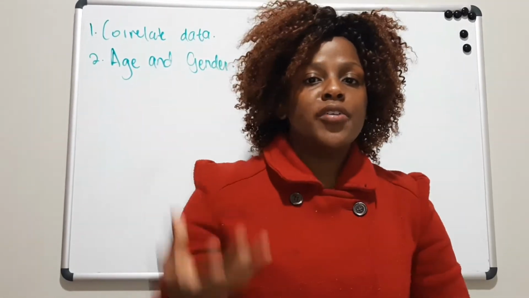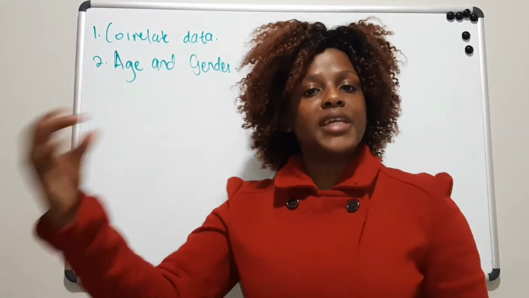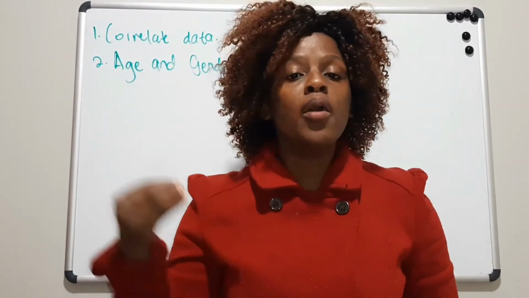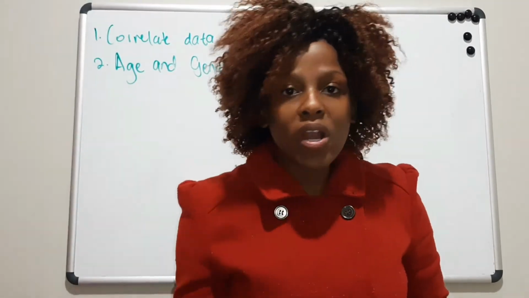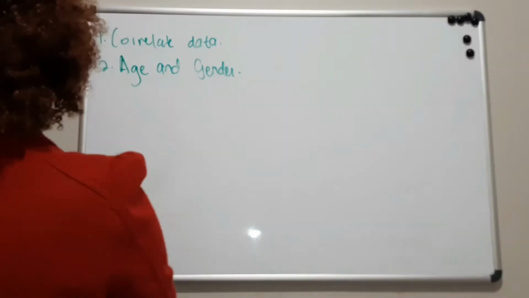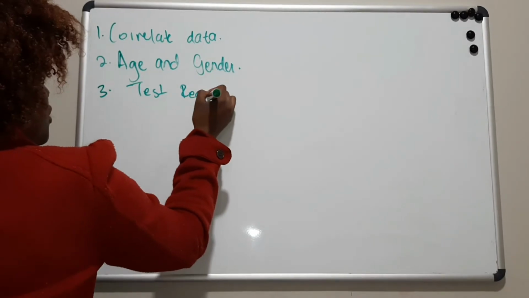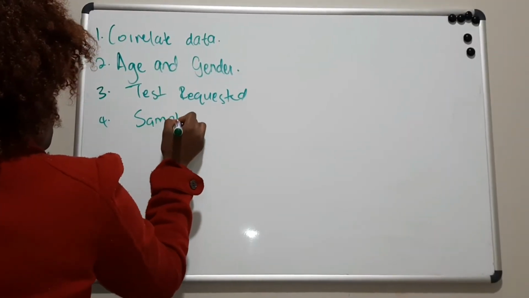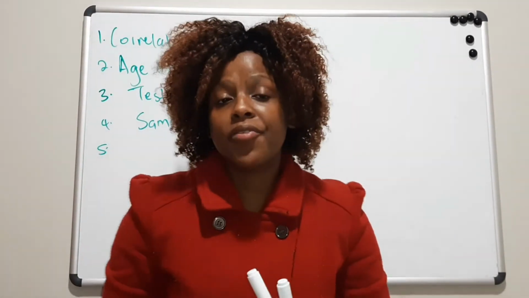For example, if the doctor has requested potassium and you receive an EDTA tube only, then you know that there's something wrong, because you cannot do potassium on an EDTA tube. Then it means a recollection will need to take place. So that's points number 3 and 4.